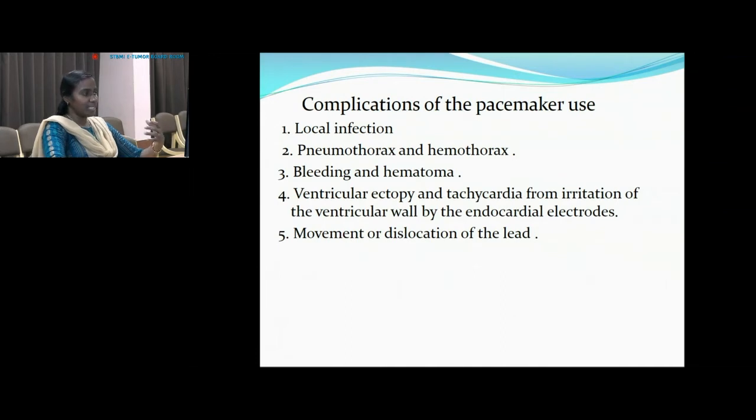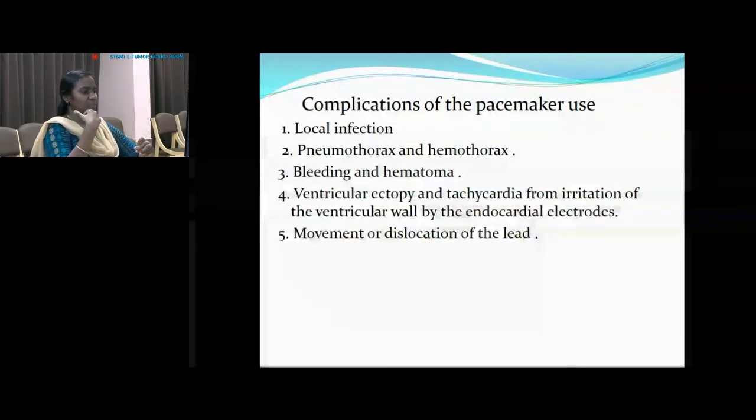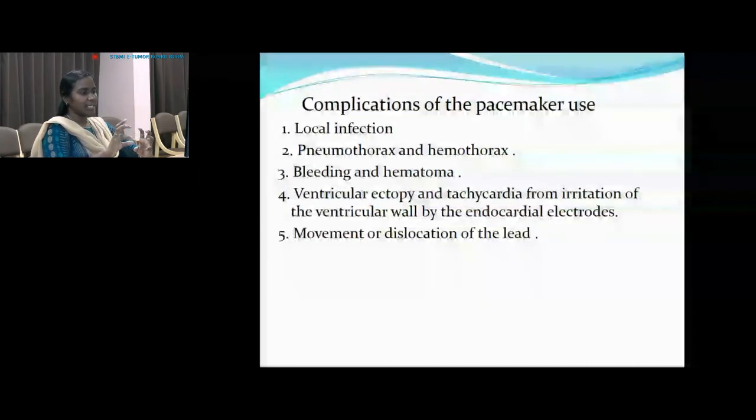As a complication of the pacemaker electrodes also, the patient can develop some dysrhythmias. Movement or dislocation of the lead can occur, that is, with manipulation or extra work given to that hand or extremity, the pulse generating pacemaker may get dislocated, or sometimes the endocardial leads may get dislocated.